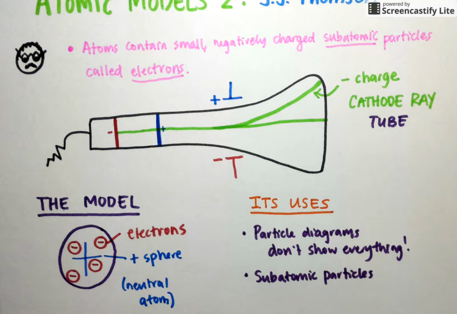So we still have this sphere, but it's now positively charged because there are these negatively charged electrons embedded within it. So his model kind of had two components: the electrons and this positive sphere. So that all in all, we had a neutral atom.